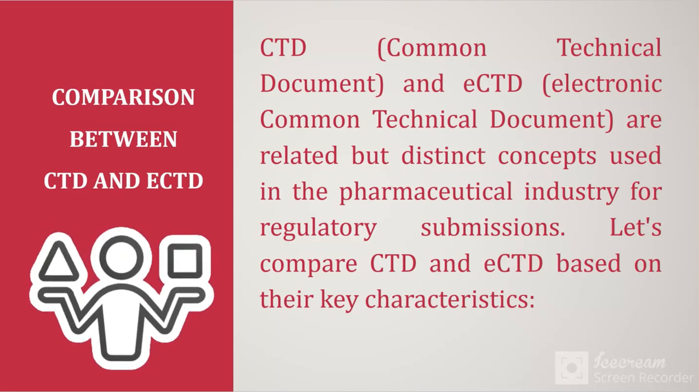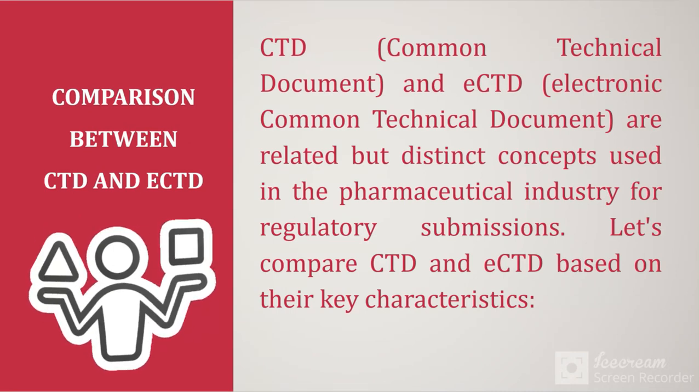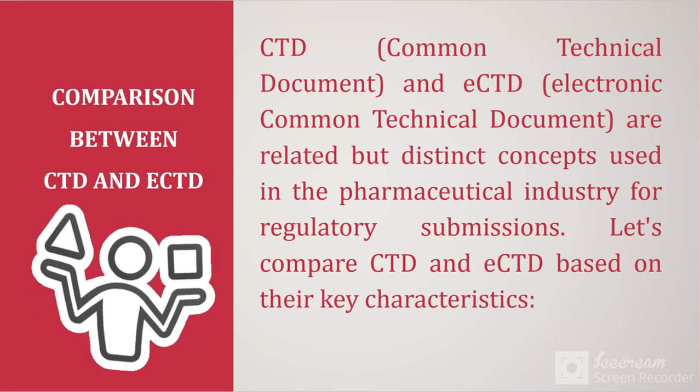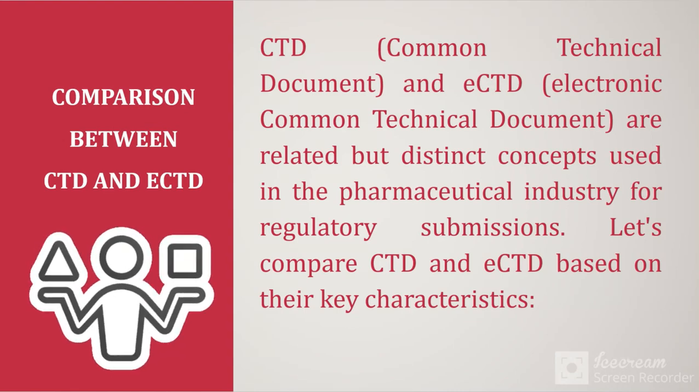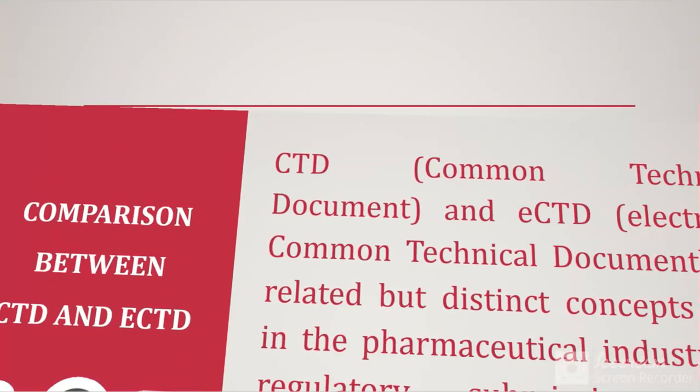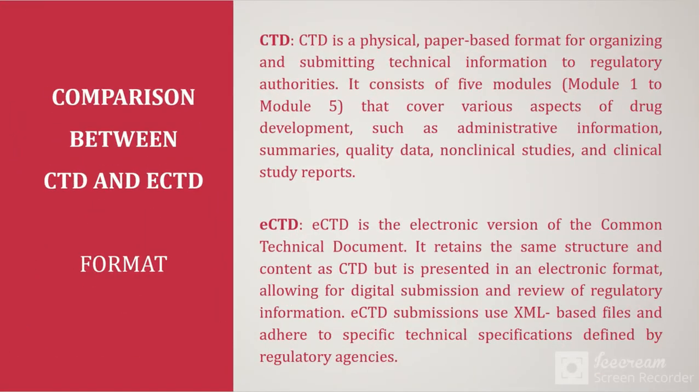Comparison between CTD and ECTD. CTD, Common Technical Document, and ECTD, Electronic Common Technical Document, are related but distinct concepts used in the pharmaceutical industry for regulatory submissions. Let's compare CTD and ECTD based on their key characteristics. Based on format.